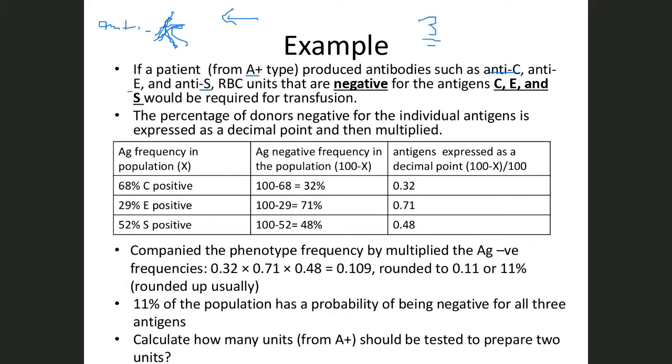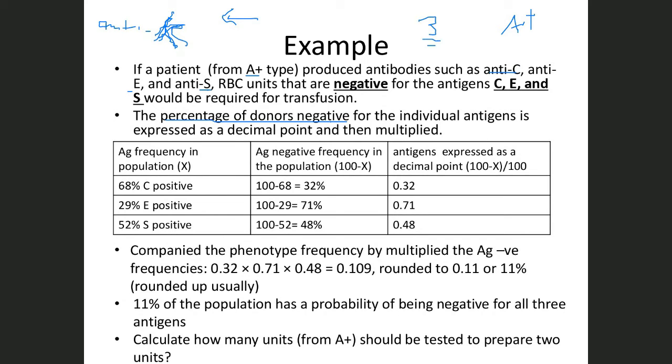I have to provide this patient with a unit lacking big C, lacking E, lacking S antigen. In order to know that, I have to know the percentage of donors lacking each antigen: how many people don't have big C, how many don't have E, and how many don't have S.